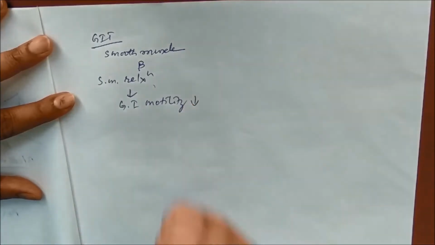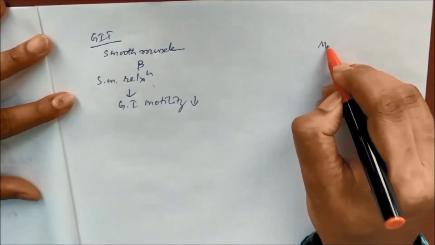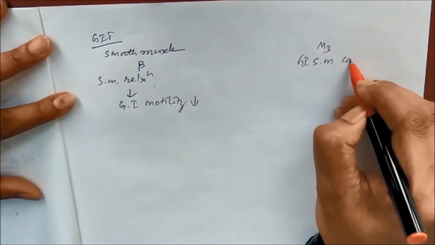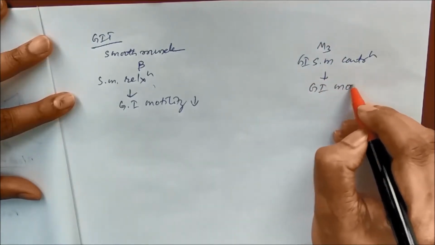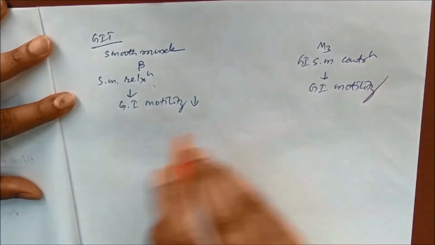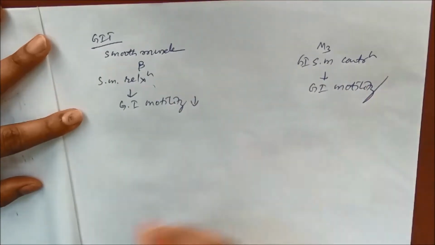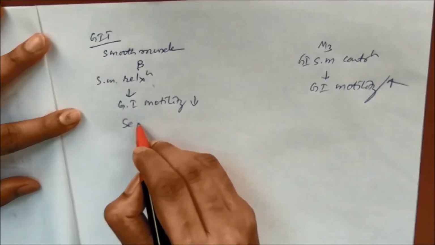So GI motility, peristaltic movement decreases, whereas here M3 receptor is there and causes GI smooth muscle contraction, and this causes increase in motility. Okay, so sympathetic stimulation causes decrease in motility, parasympathetic stimulation causes increase in motility.